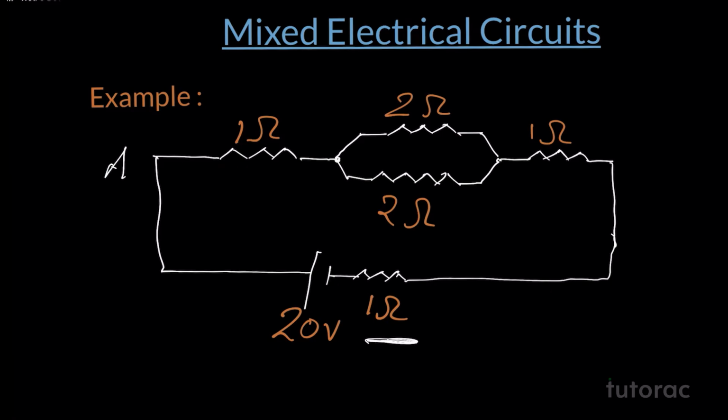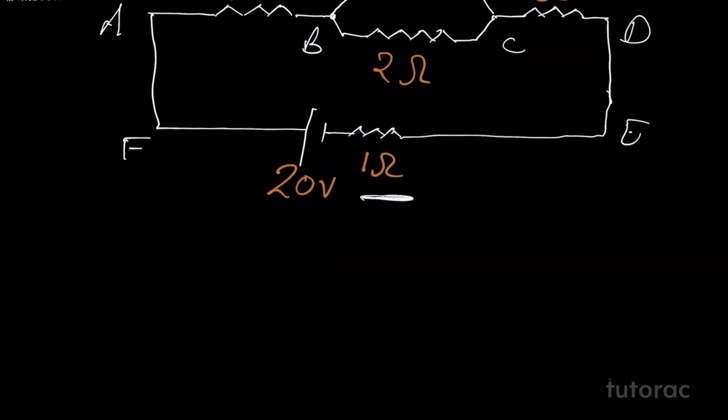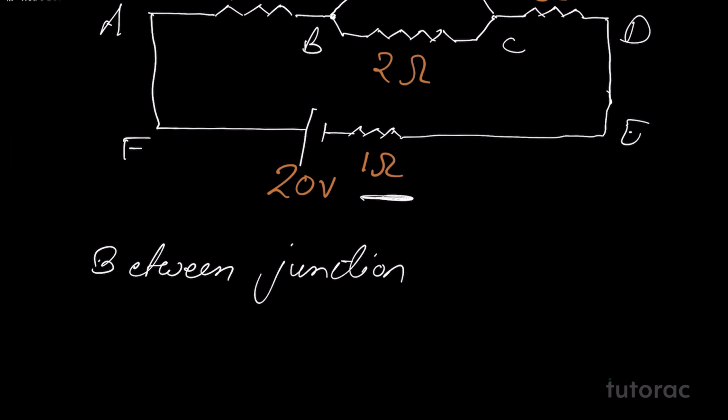Let's start. So if I give the values again, this is point A, this is point B, this is point C, this is point D, this is point E, this is point F. Now let's try to solve first B and C. Why? Because I can solve B and C and come up with a net resistance between B and C. Between the junction points B and C, we have two resistances in parallel.